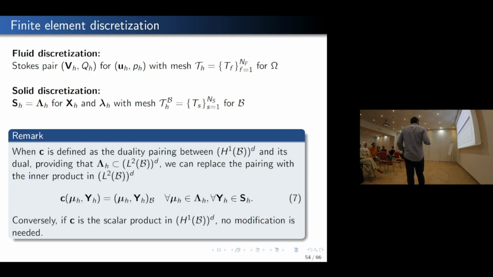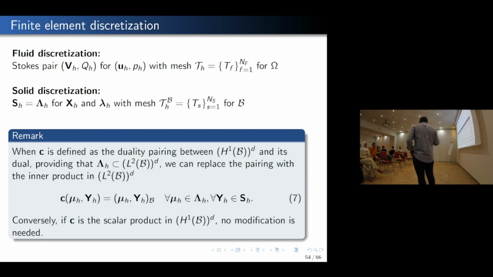Remark, this is important. When C is defined as the duality pairing between H1_B-D and its dual, when we move to the finite element discretization, we can assume that Lambda_H is included in L2 of B, and this means that we can replace the duality pairing with the inner product in L2 of B. So at the discrete level, when C is the duality pairing, C of mu_H, Y_H can be seen as the scalar product of mu_H and Y_H.